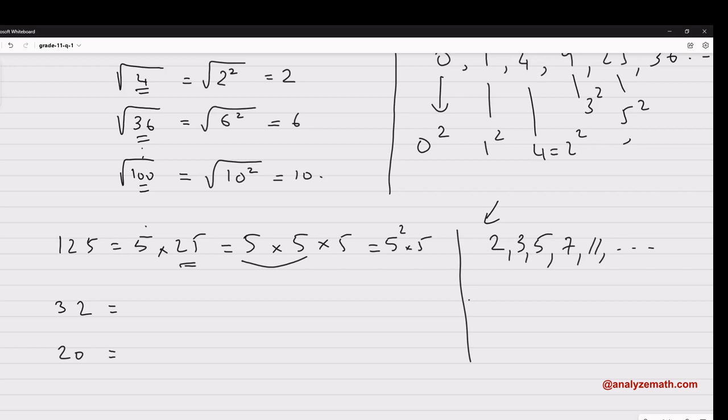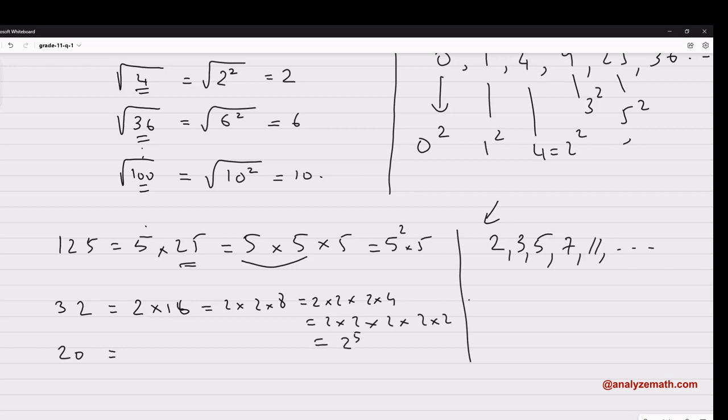Now 32 is divisible by 2, yes. 16 is divisible by 2, yes. It's 2 times 8. 8 is divisible by 2, yes. And then 2 by 2 by 2 by 2 and by 2, and that gives me 2 to the power 5.